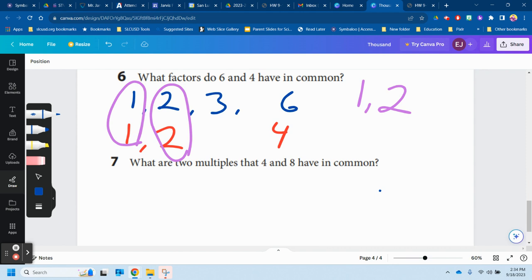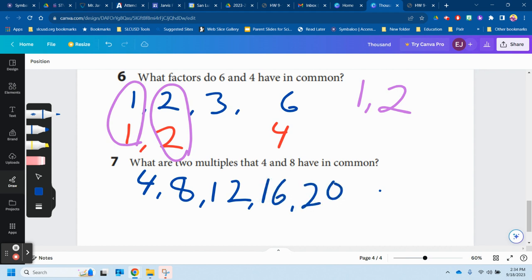Okay, so what are 2 multiples that 4 and 8 have in common? 2 multiples. So let's go ahead and write this out. So I could say 4, 8, 12, 16, 20, 24, I could keep going here, 28.